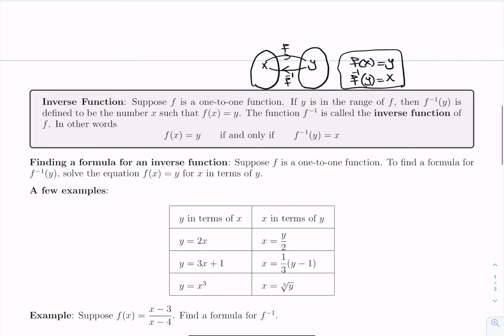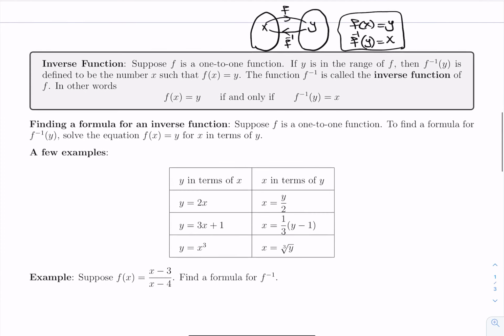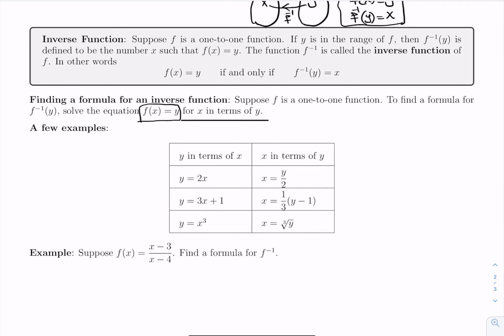How would we find a formula for the inverse function? We begin with the equation f of x equals y, and we solve that equation for x in terms of y. I'll show you a couple of examples from this table. If y is equal to 2x, then I solve this equation for x, and x becomes equal to y divided by 2.